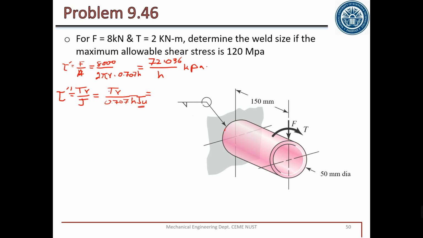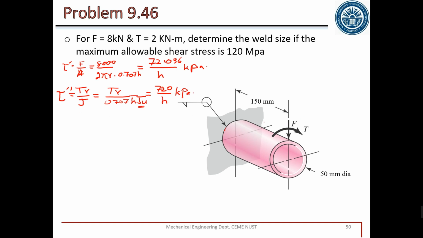So T is 2000, R is 25 mm, H is unknown, and JU is 2 pi r cube. We have all the values. Substituting gives tau double prime equal to 720 by H. Units are kPa.